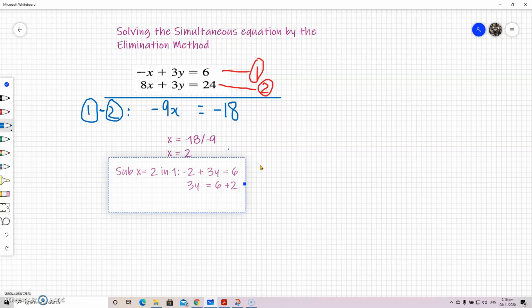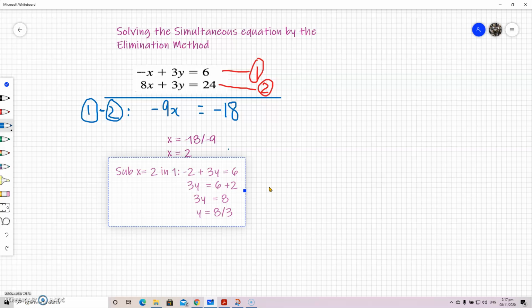So 3y is equal to 8. So this tells me that y is equal to 8 divided by 3.